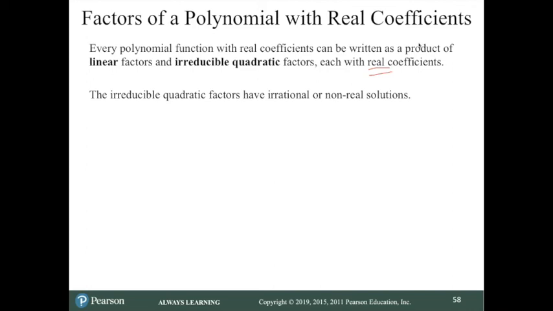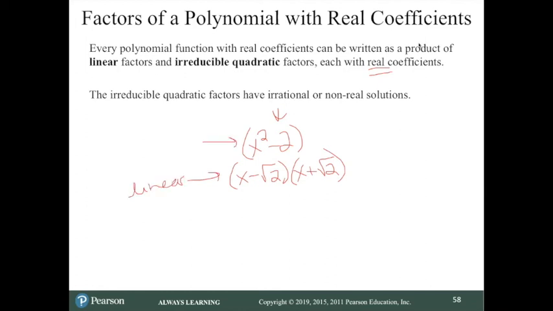And even with irrational numbers, we can have linear factors with real coefficients, but a lot of times we'll write, for example, x squared minus 2 instead of x minus the square root of 2 times x plus the square root of 2, right? So this would be linear, and this would be quadratic.